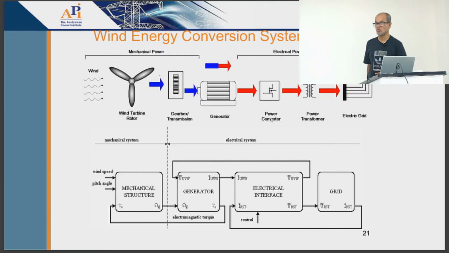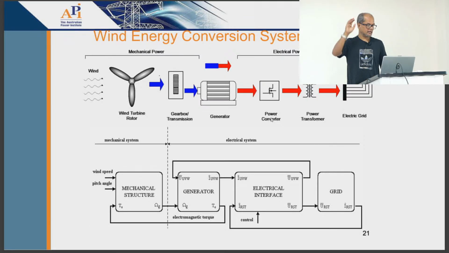Now, how can you actually model the wind farm? That's our interest when you're going to model a hydrogen wind farm with the other technology. Now, as I already mentioned, from the wind, the wind turbine captures mechanical energy, which is connected with the generator through the gearbox, and then we have the generator which produces electrical power.